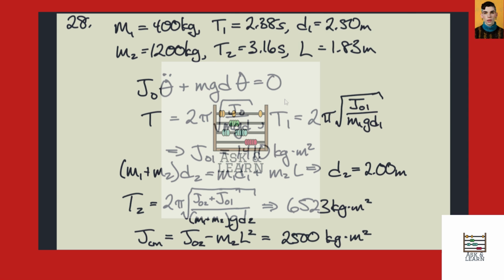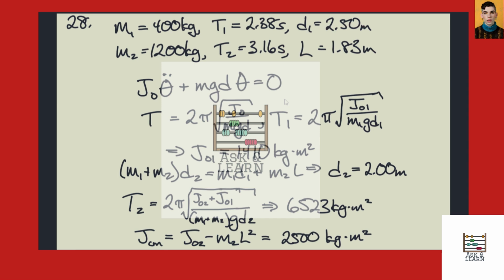And we have the distance, this is the distance from the pivot to the center of mass of the vehicle.